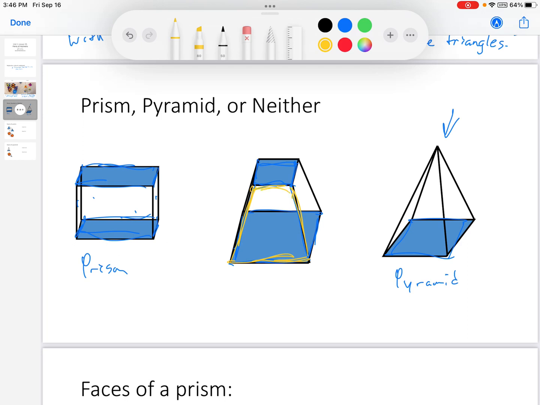They are, in fact, trapezoids. So this shape is neither. It is not a pyramid because it doesn't have a point at the top. It is not a prism because the two bases are not congruent. It is also not a pyramid because the sides are not triangles, and it is also not a prism because the sides are not rectangles. Get the idea? Okay.